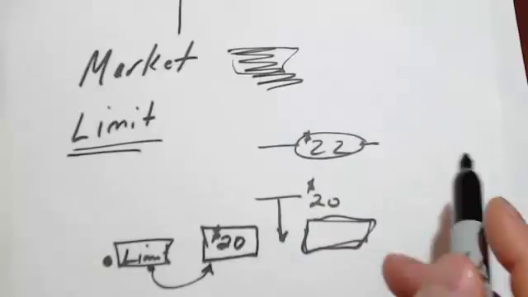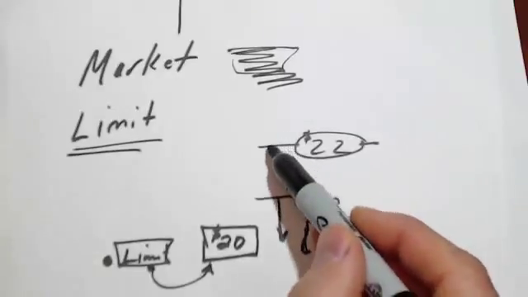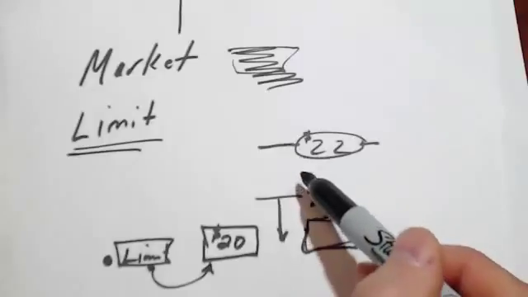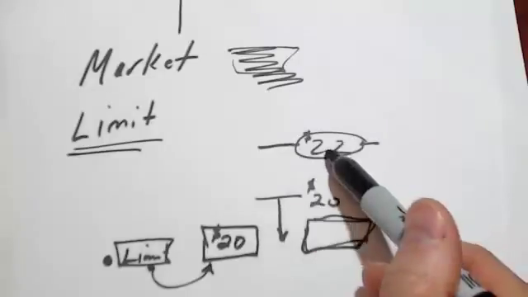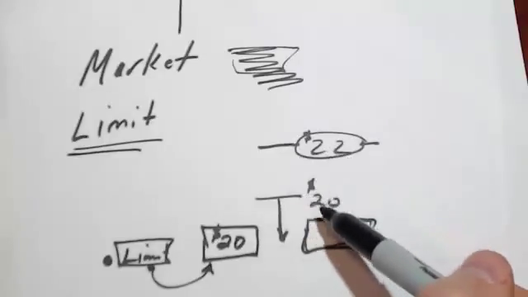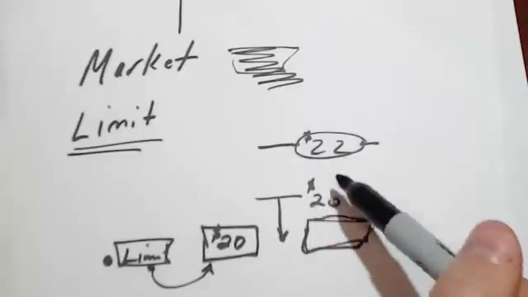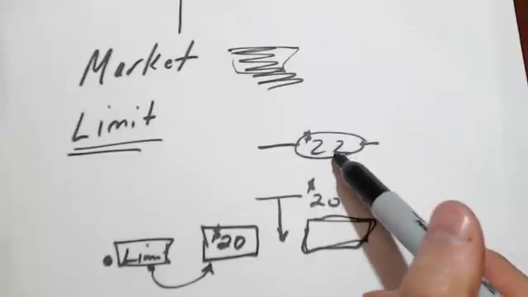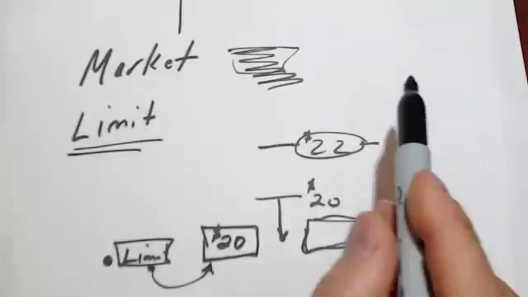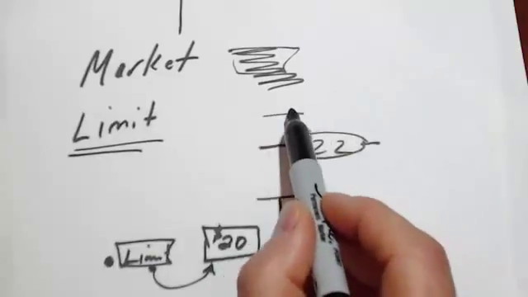Now, with a standard limit buy order, the price is going to be less than the market price. The limit price that you specify, in this case $20, is going to be less than the current market price. If you put a limit sell in, it's going to have to be higher.